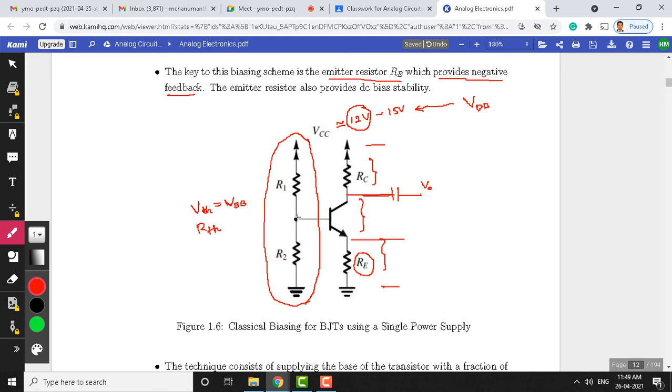So, the voltage at this point, if I call that VTH or VBB, what is the expression for this? You can apply the voltage division rule here.